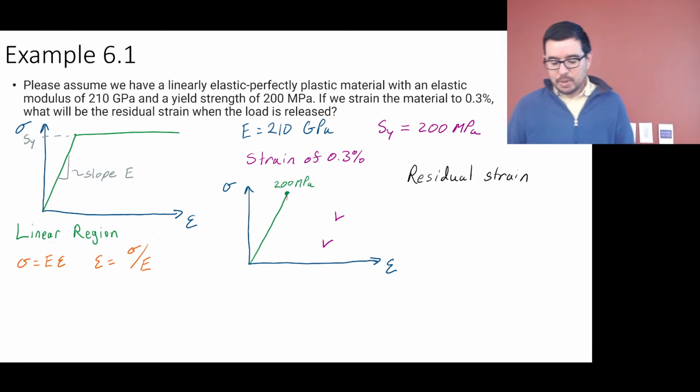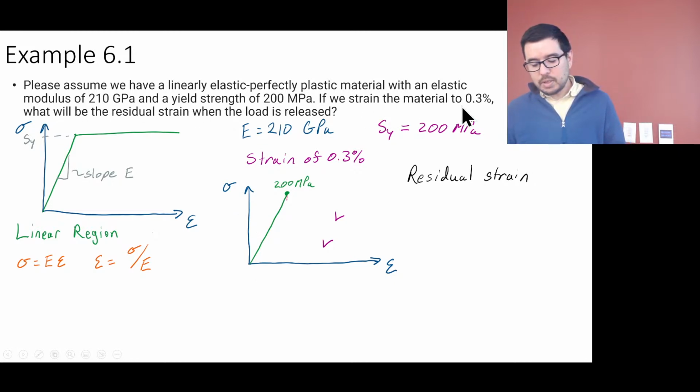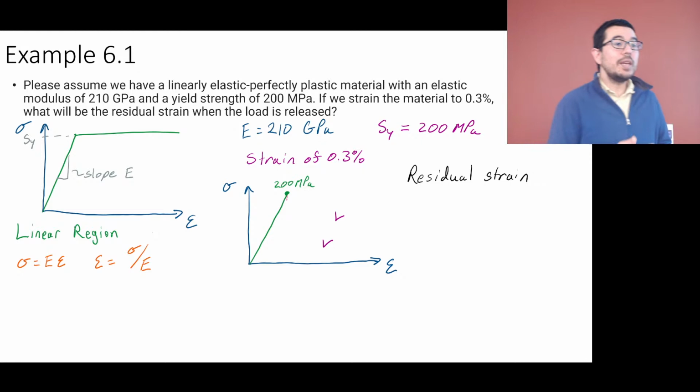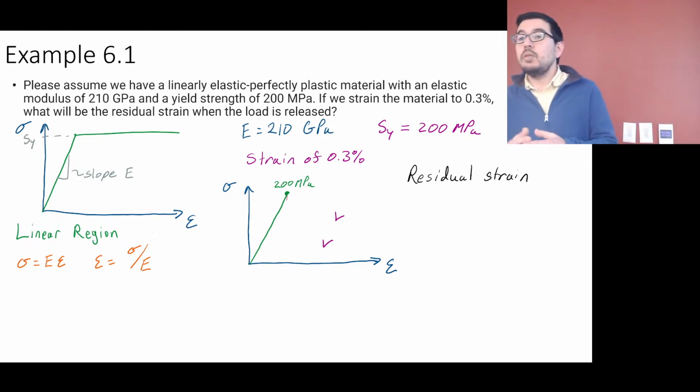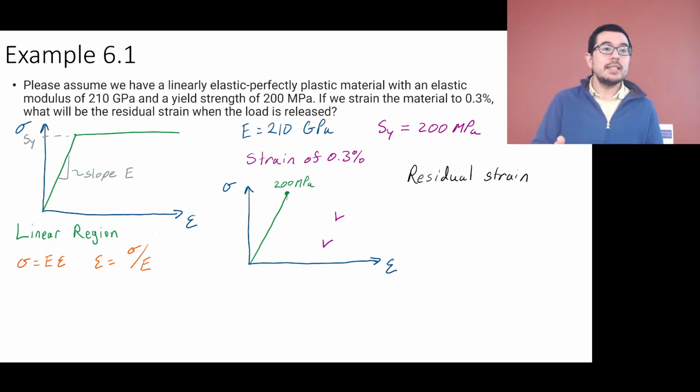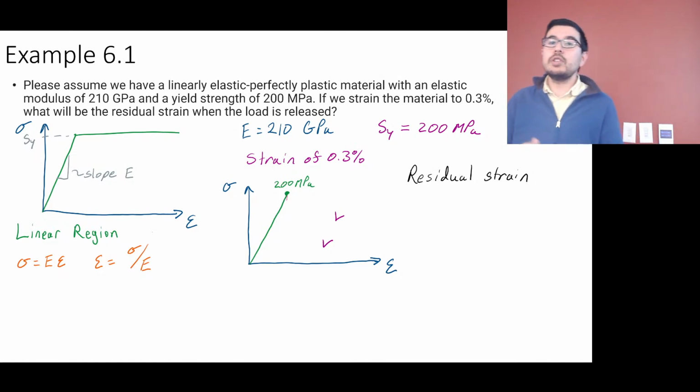And what's happening here? So we say we are straining the material to 0.3%, okay? But in order to do that kind of large strain, we have to go up the elastic region. We actually don't know. It's possible we could give you a strain that's less, if we say we're only straining 0.001%.